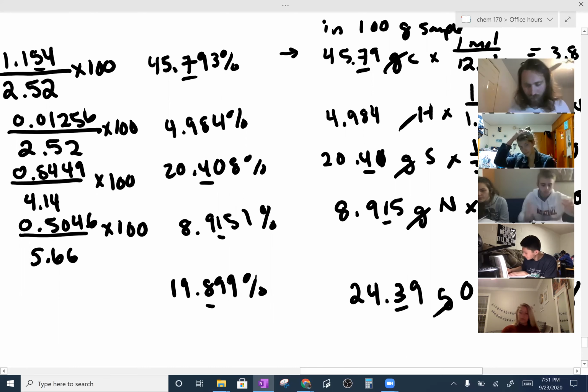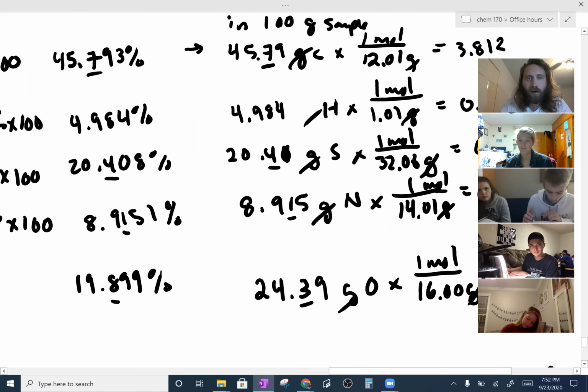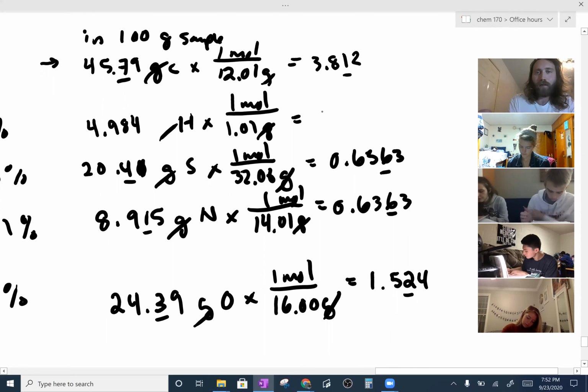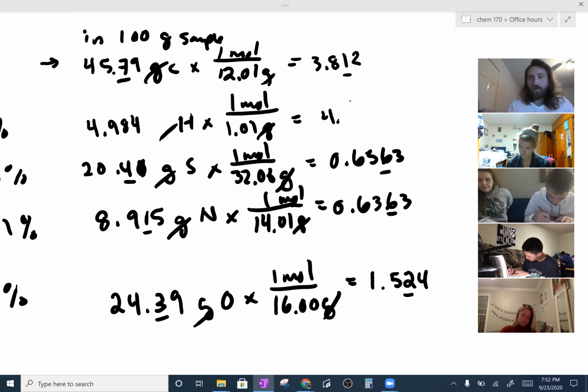Okay, the rest of them are good, I think. Let's double check them real quick though. Sulfur 20.41, yes. Nitrogen 8.92, yes. Okay, we're good. So now we need to recalculate the moles of hydrogen real quick. Instead of 0.4935, that would be 4.984 divided by 1.01, 4.935.